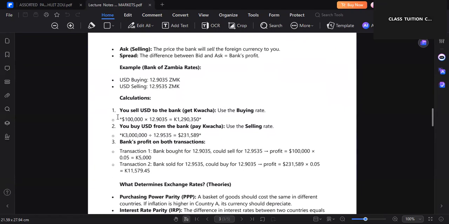We have buying and selling there. So you have 100,000 US dollars. You want to get kwacha. So you're going to multiply this 100,000 US dollars times the 12.9035. So meaning we are going to get this amount in kwacha.